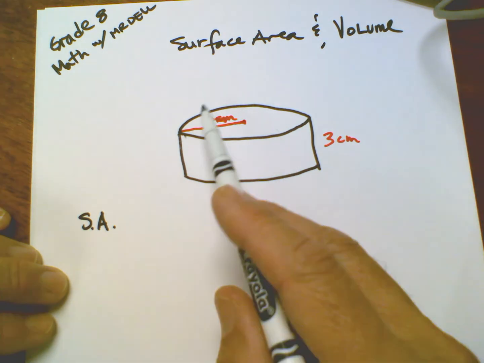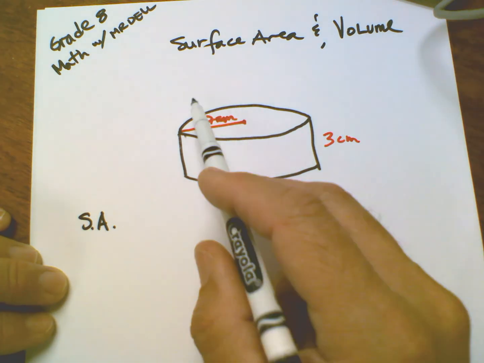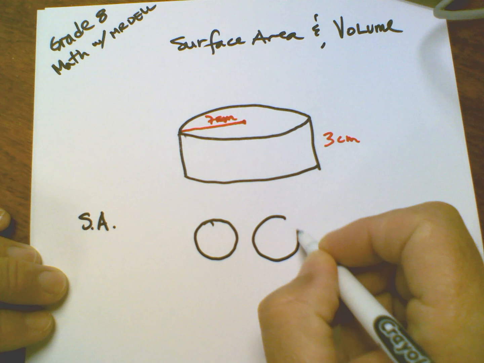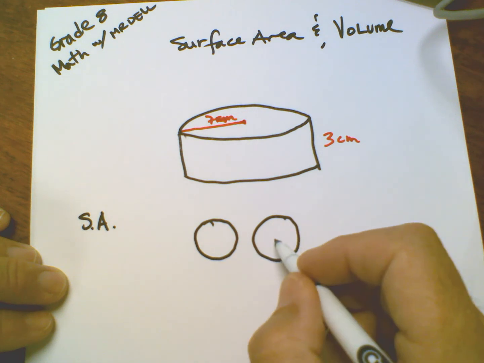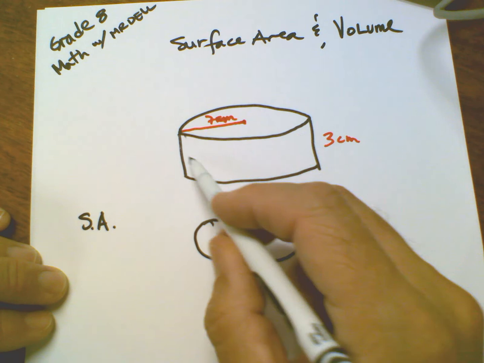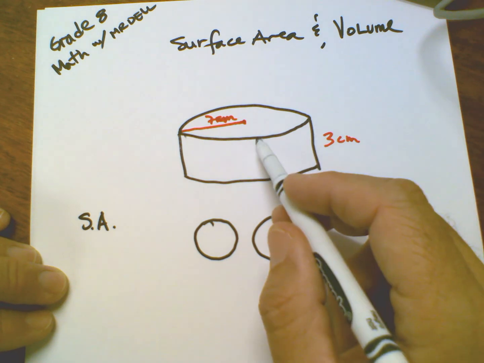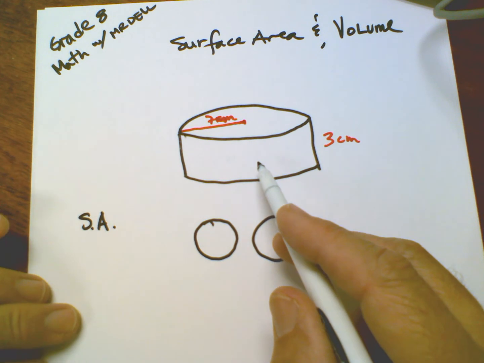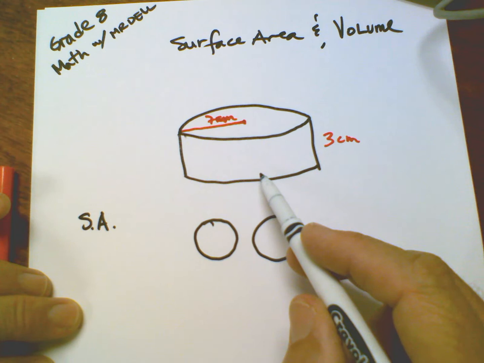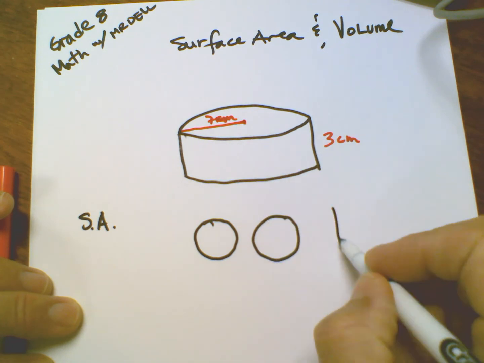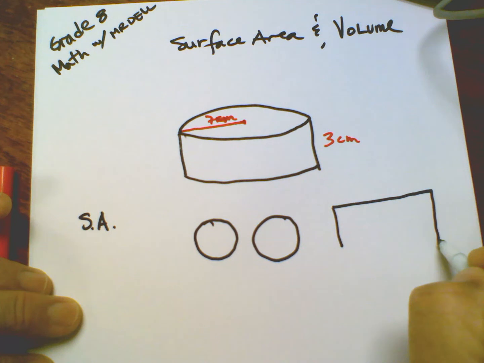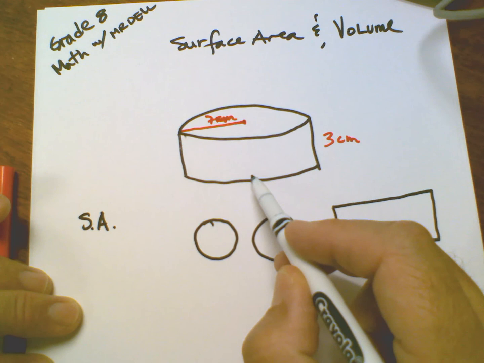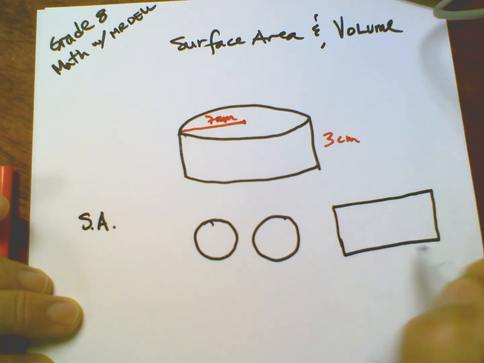So if we think about what this shape is made out of, a cylinder really has two circles, a top and a bottom, the bases, as well as this outside piece. If you've got canned food in your cupboard, you take a can, and if you take off the wrapping of the can, the paper that goes around the can, it's really only a rectangle. If you were to cut it here and unravel it, it would be a rectangle.